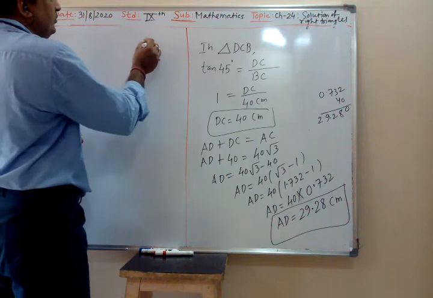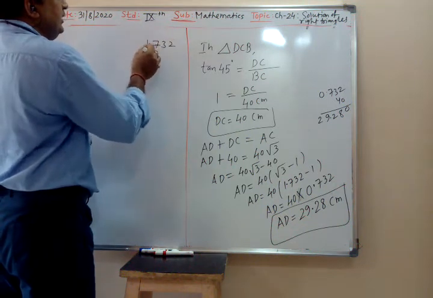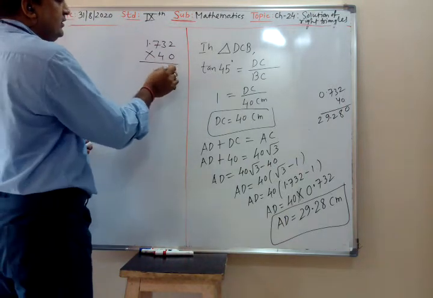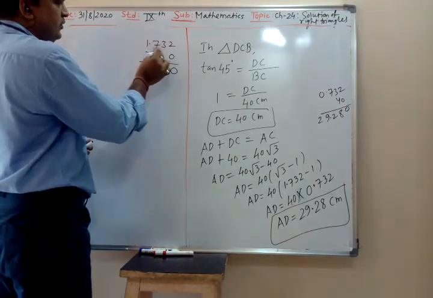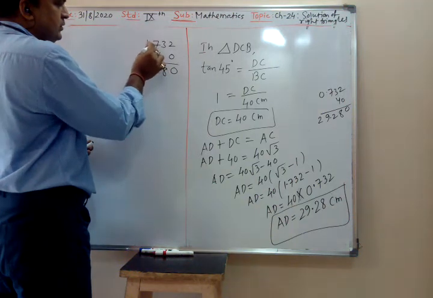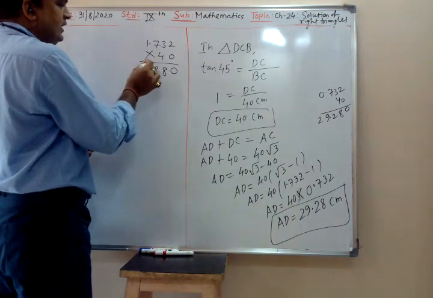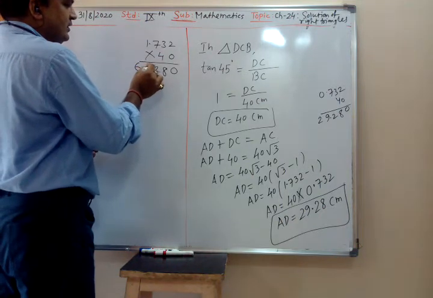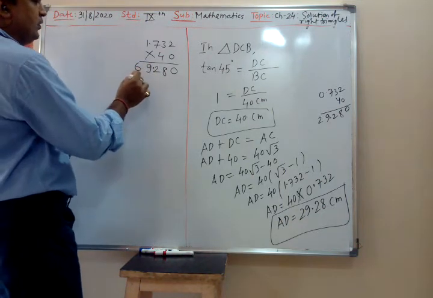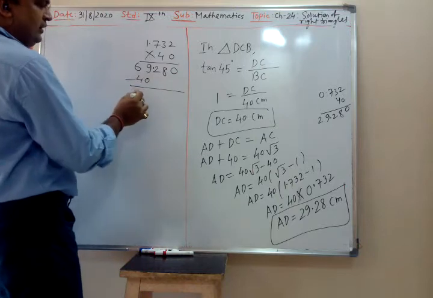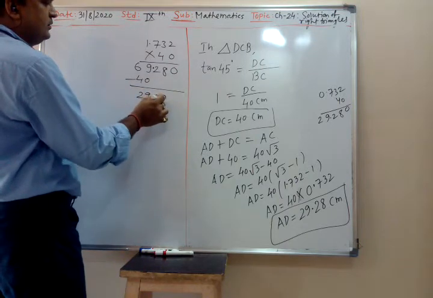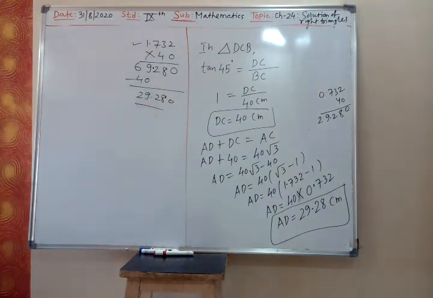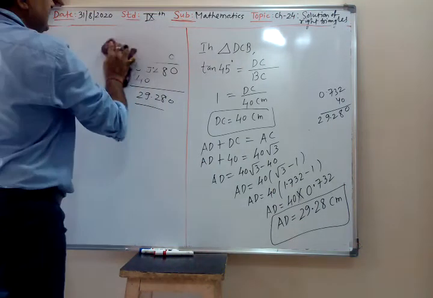See, 1.732 into 40, are you getting? It will not be 29. 0, 4 2 is 8, 4 3 is 12, 7 4 is 28 plus 1 is 29, 4 1 is 4 plus 2 is 6. It will be 69.280 minus 40. Are you getting? That is 29.280. When you multiply 1.732 by 40, you will get 69.280.